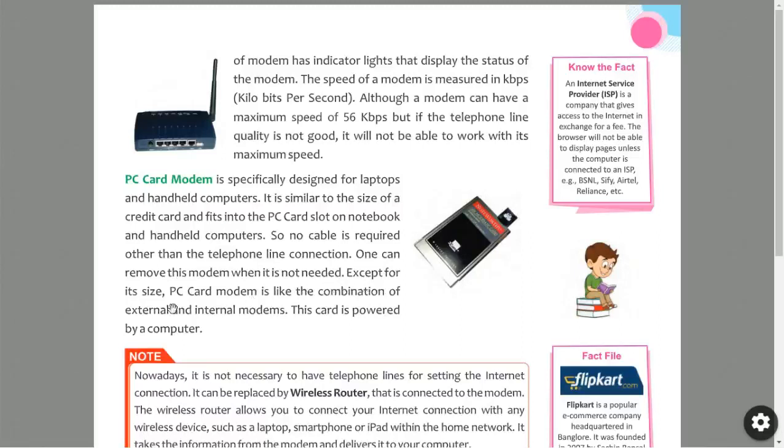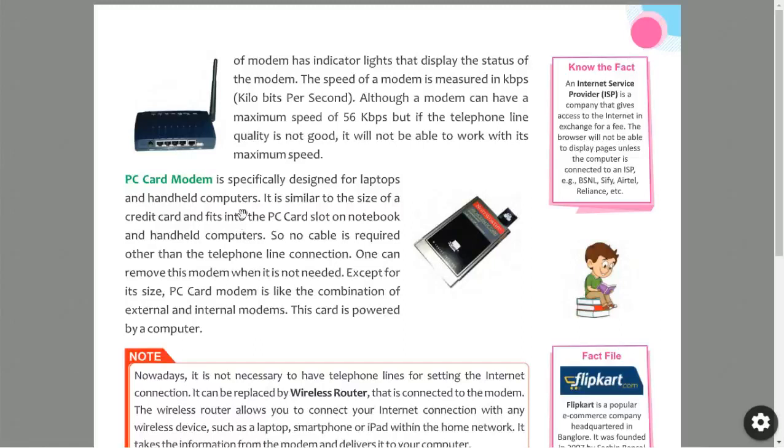Except for its size, PC card modem is like a combination of external and internal modems. This card is powered by a computer. Internal modem is fixed on the motherboard.